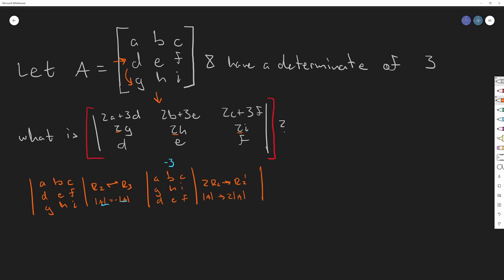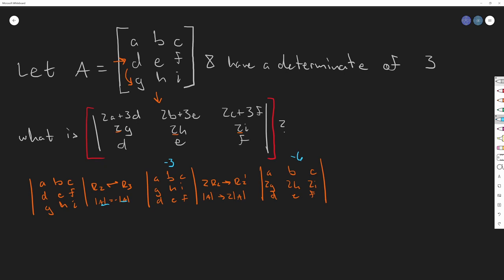So this would give us A, B, C, and then 2G, 2H, 2I, and then D, E, F. And our determinant is going to be equal to twice the previous one, and that'll be -6.